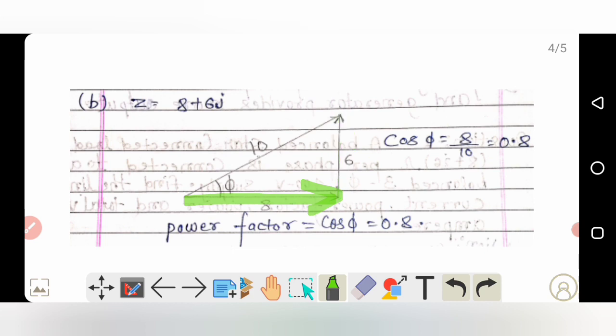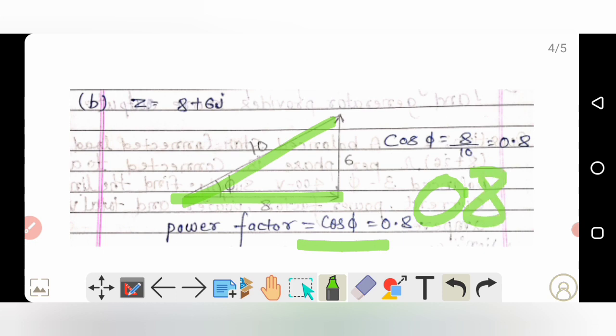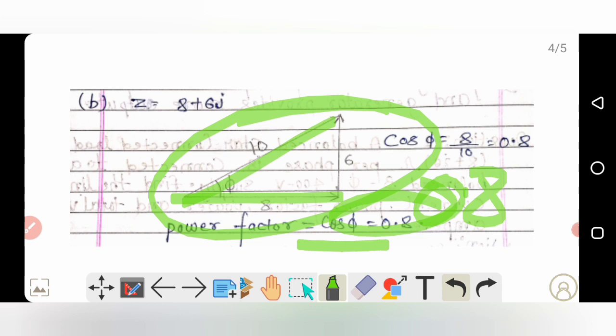This is a right angle triangle, and if you want to calculate the hypotenuse, by the use of Pythagoras theorem it will be equal to 10. From here, cos phi will be equal to 8 by 10, which is 0.8. So we calculated the value of cos phi, that is the power factor.